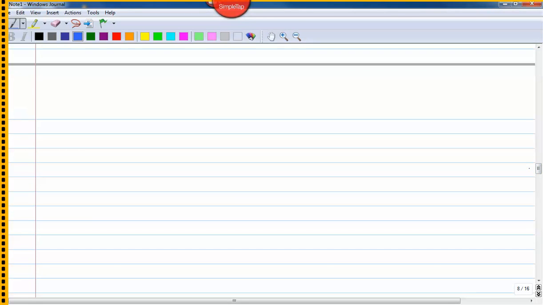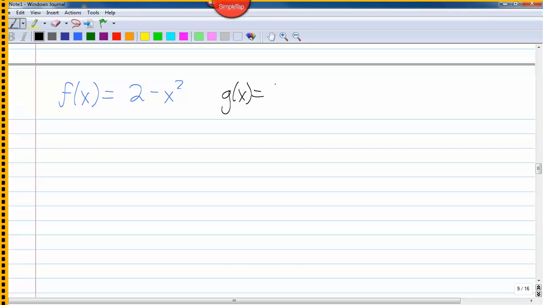Alright, so let's say that I have the function f of x equals 2 minus x squared. And I have the line g of x equals 1.